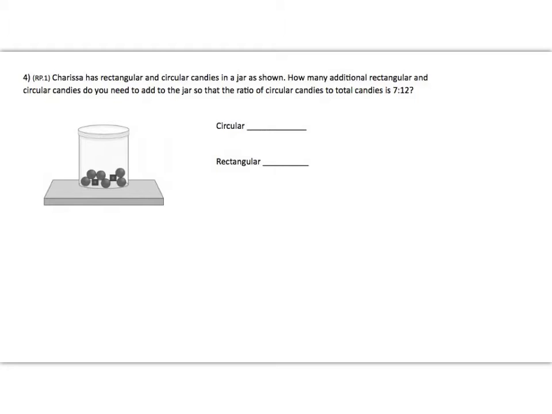Problem number 4. Problem number 4 says, Carissa has rectangular and circular candies in a jar as shown. How many additional rectangular and circular candies do you need to add to the jar so the ratio of circular candies to total candies is 7 to 12.